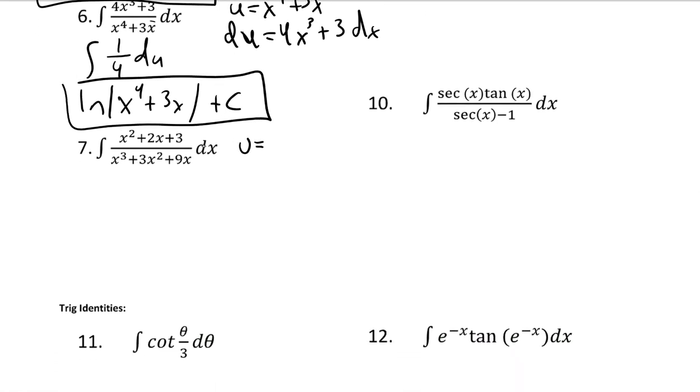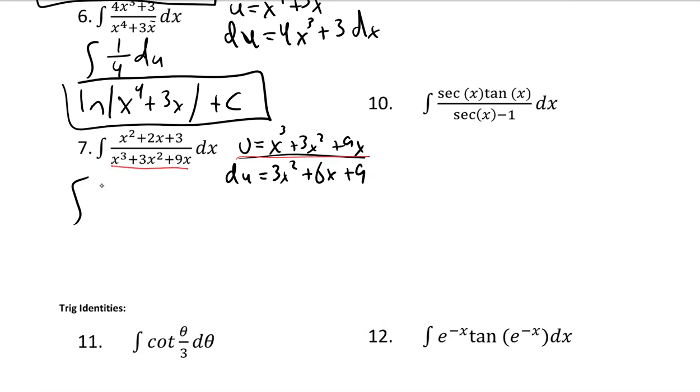All right, number 7, I would guess that the denominator is going to be u because its derivative looks pretty close to the numerator. So this is close to this. And I could modify what I have to what I want by dividing the right side by 3, so divide the left side by 3.